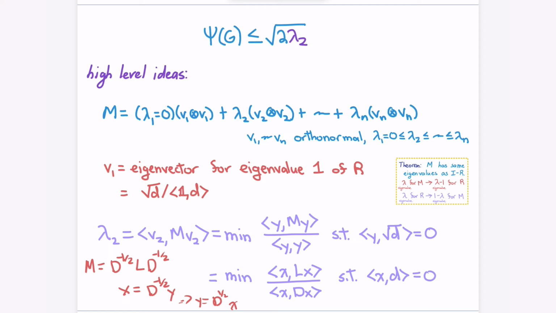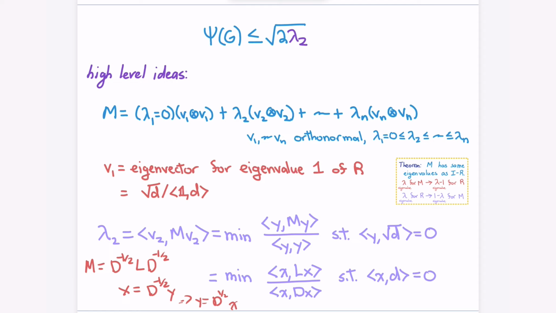For S, I have 1. For everything else, I have 0. So if an edge is on the S side, it's just 1 minus 1 squared, which is 0. If the edge is on the other side, that's 0 minus 0 squared. But if you have an edge across the cut, you'll get 1 minus 0 squared. So the numerator is going to give you the weight of the cut. The denominator is going to be summing up the degrees, so for all the vertices in S, you're going to get a 1 times the degree. So this is actually relaxing to some extent the conductance.